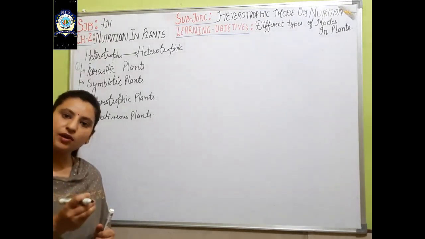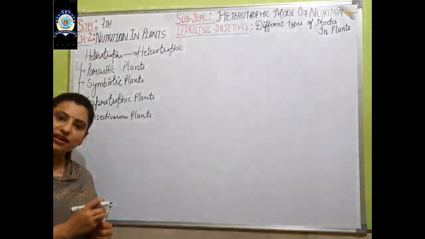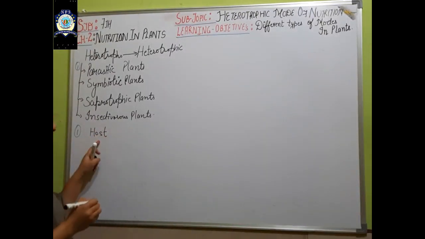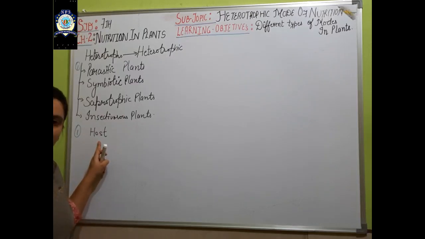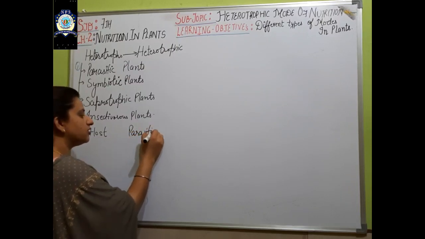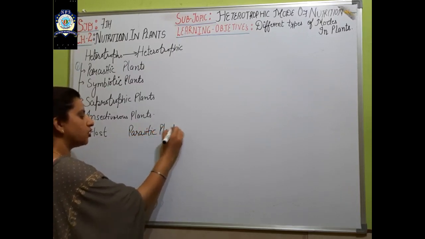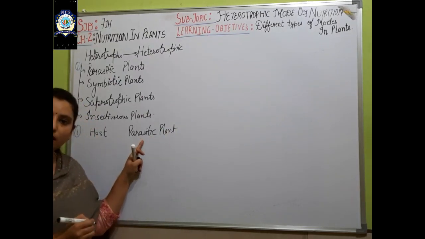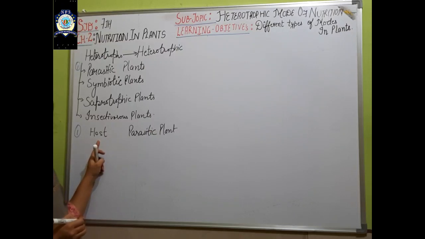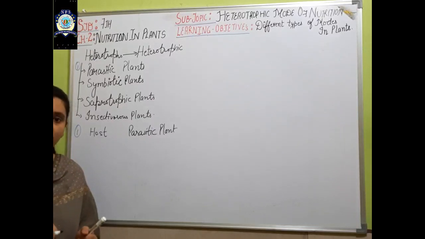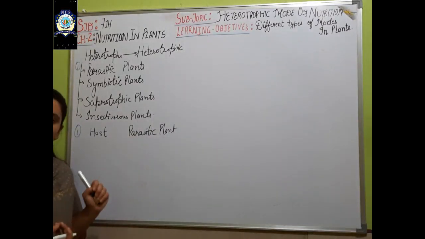The green plant which provides food to the parasitic plant is called the host, and the non-green plant having its food from the host body is called the parasitic plant. It is a big question in what way the parasitic plant gets food from the host body.